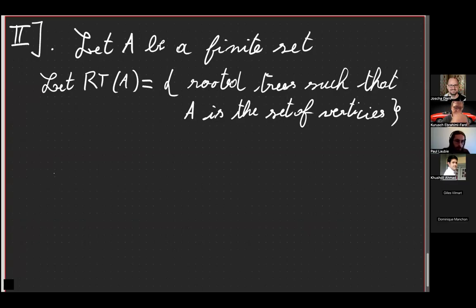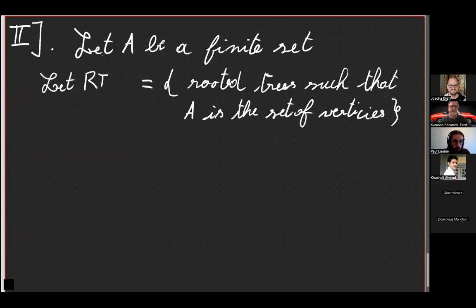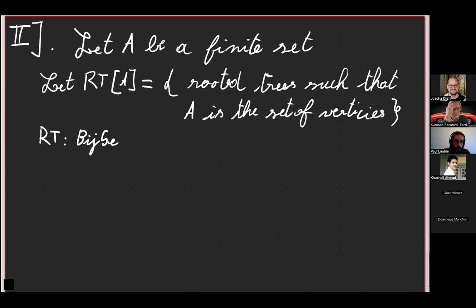Okay, and so I will write it like this. Now by definition, if I want to be a bit fancy, I can say that RT is a functor that goes from the category of finite sets with only bijections to sets.